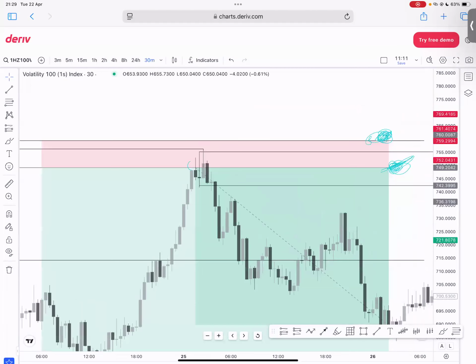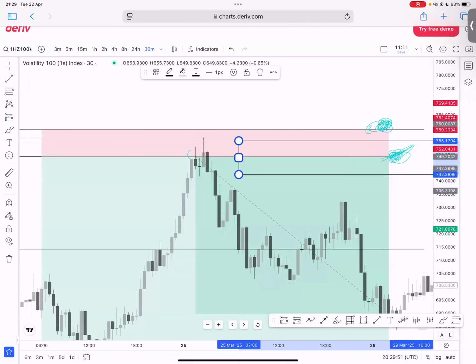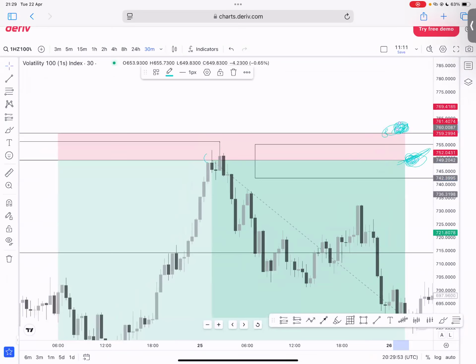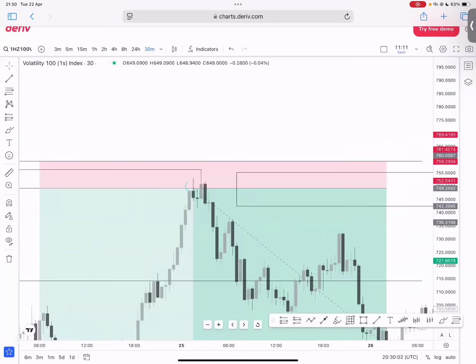So here you can see that we already have a hammer candlestick as confirmation on this POI. Price has mitigated the entry.